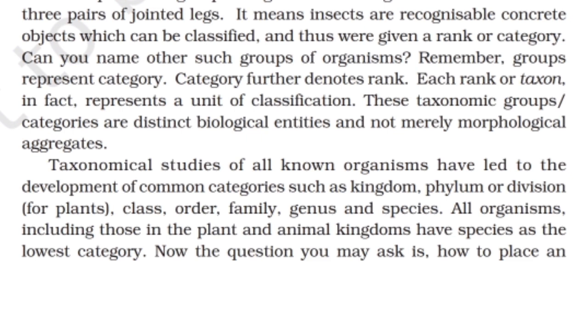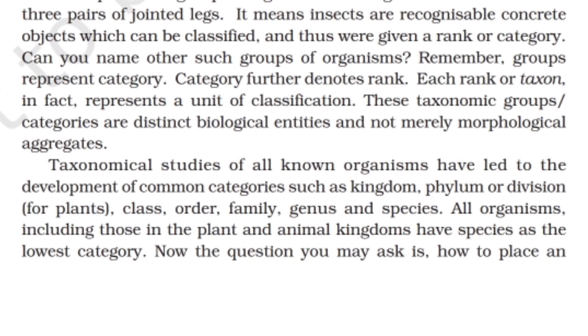Can you name other such groups of organisms? Remember, groups represent category. Category further denotes rank. Each rank or taxon in fact represents a unit of classification. These taxonomic groups or categories are distinct biological entities and not merely morphological aggregates. Taxonomical studies of all known organisms have led to the development of common categories such as kingdom, phylum or division (for plants), class, order, family, genus and species.